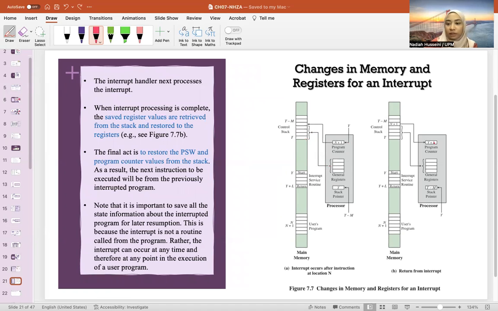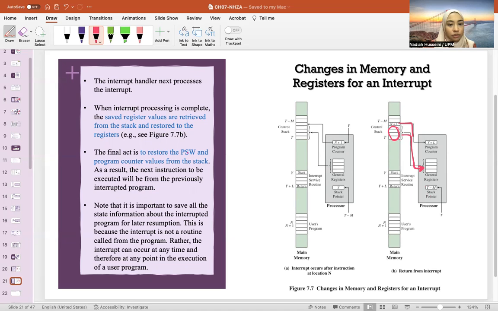Sorry, I'm using the wrong diagram; it's supposed to be over here. So you take back what you have saved and put it back into your general registers. Then you put the N plus 1 that we saved earlier into your program counter. And then your stack pointer would be T, which covers the PC, PSW plus all the general registers up until T.